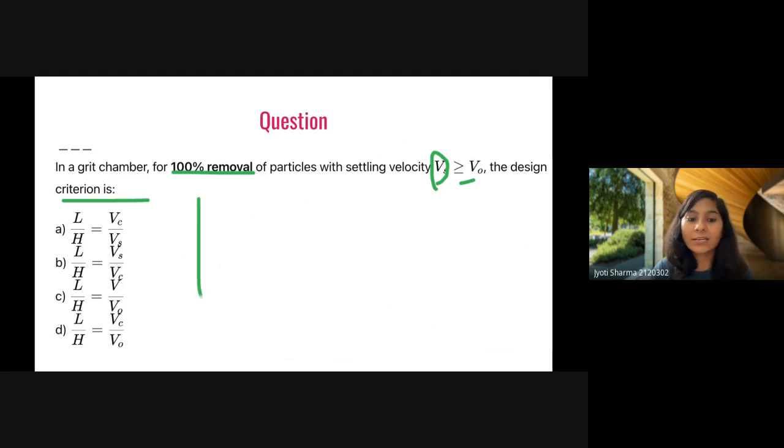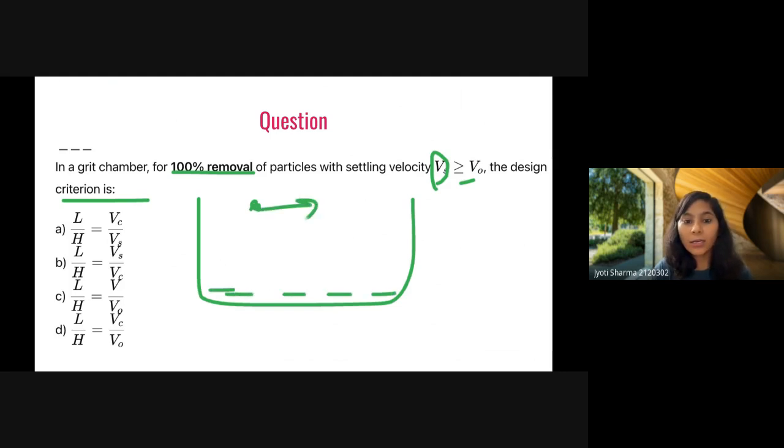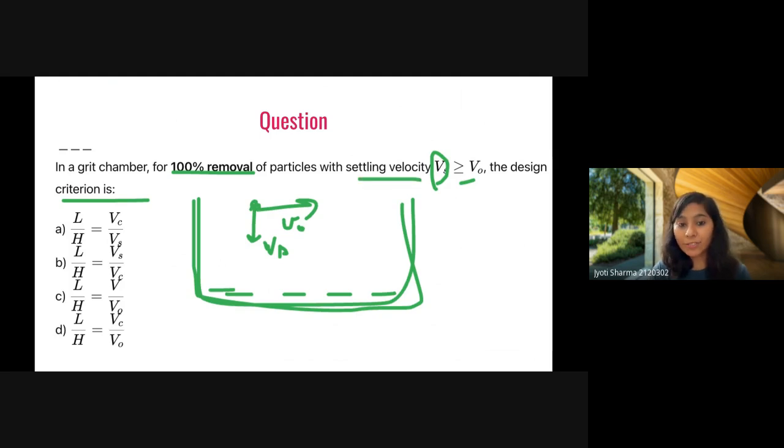Let's say this is your settling chamber. Again, you have some particles and you need those particles to settle down here. The velocity will be v naught, and the settling velocity will be vs. So we have to design our settling chamber in such a way that the settling velocity vs should be greater than or equal to v naught.